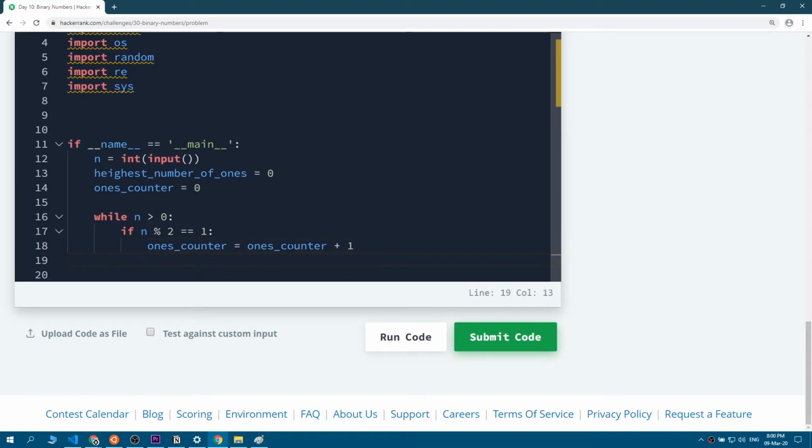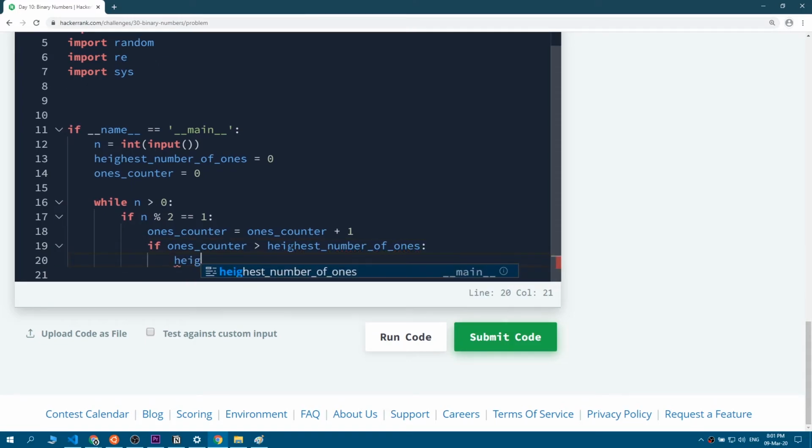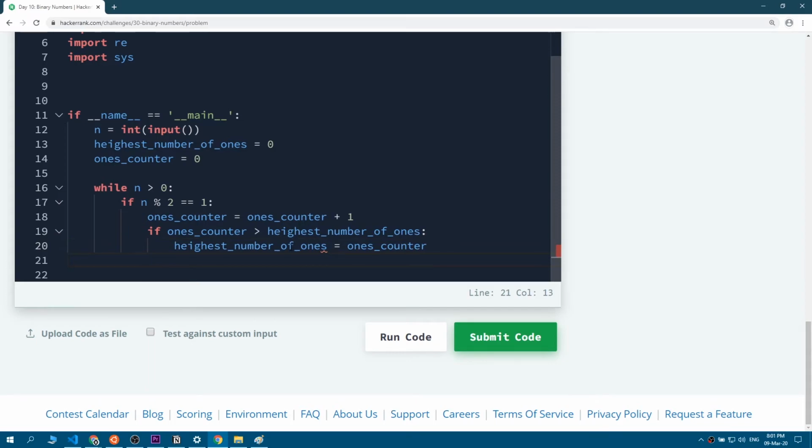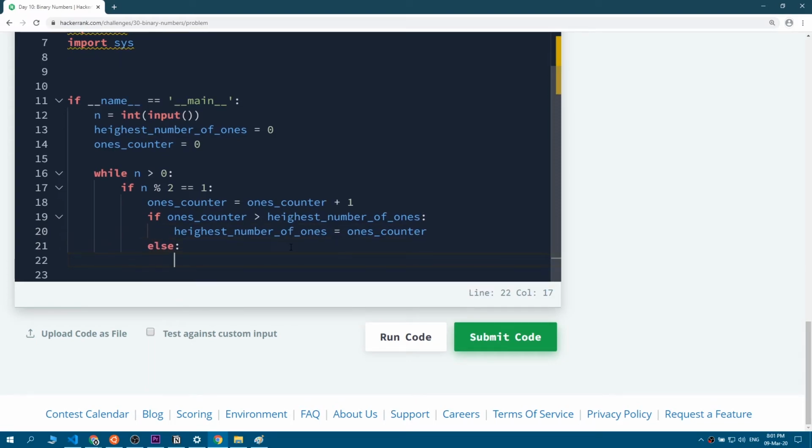Then if ones counter is higher than the highest number of ones, then we update the highest number of ones to be ones counter. Hope this makes sense. Else the ones counter would equal 0. So we would keep increasing this until it's not 1, then we would reset.